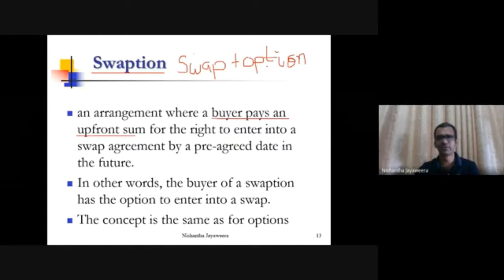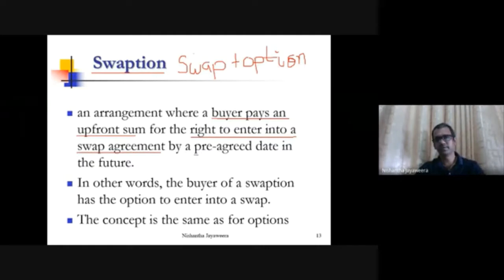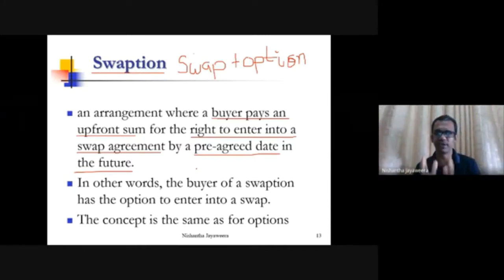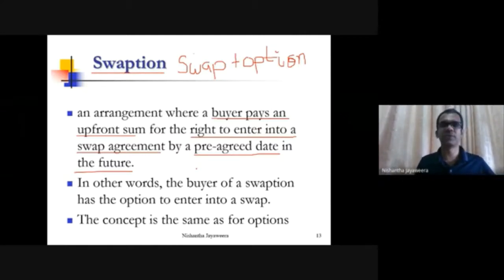To buy the option, we pay the premium for the right to enter into a swap agreement. So on a future date, at a pre-agreed date in the future, we can enter into the swap agreement. Once you enter into the swap agreement, then everything would be based on the terms of the swap. But on that date, you can decide whether you go for this swap or not.